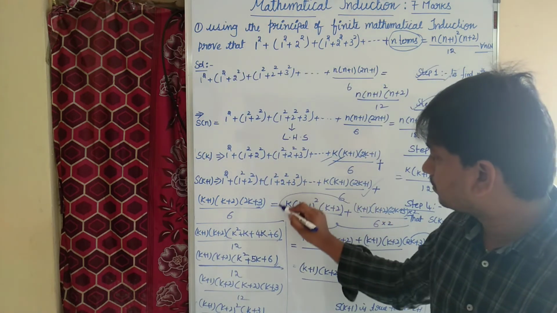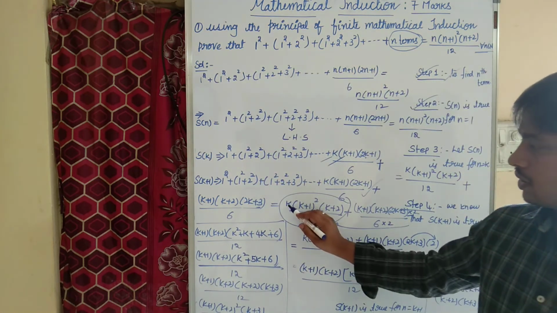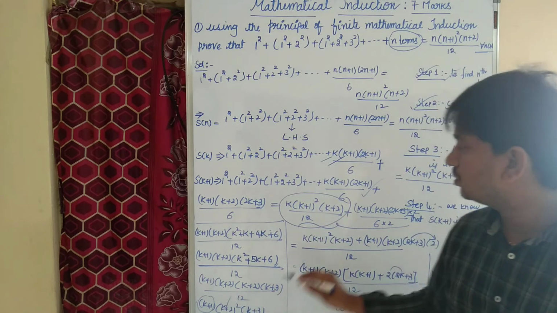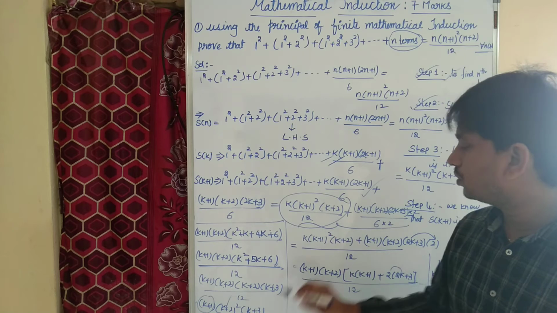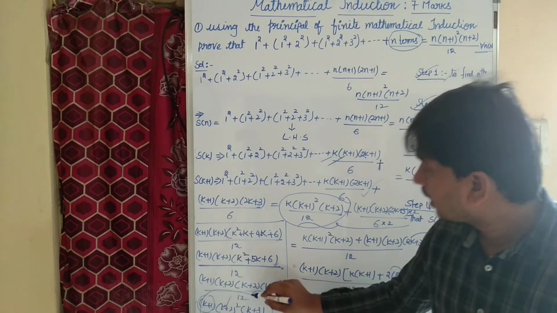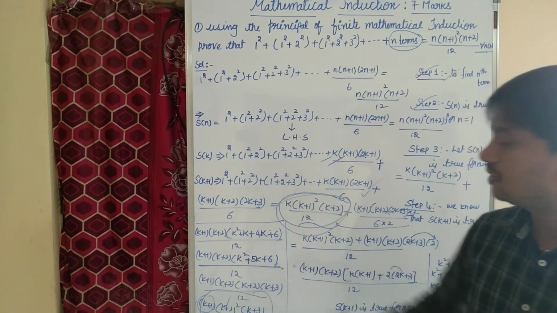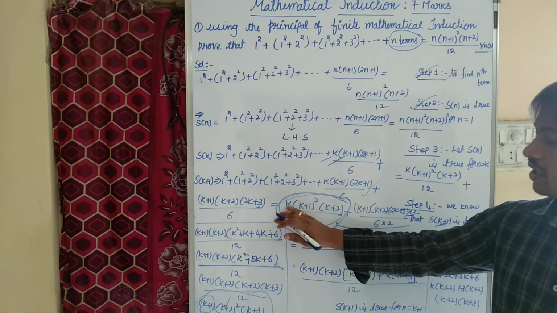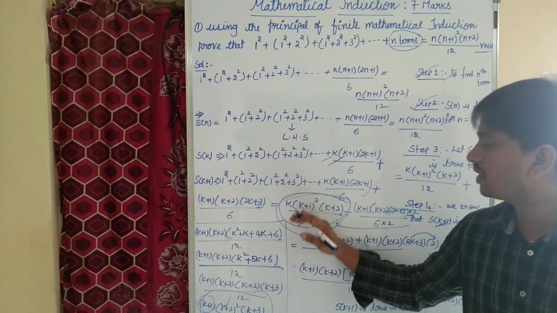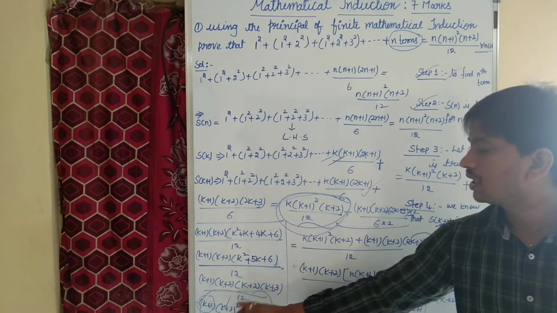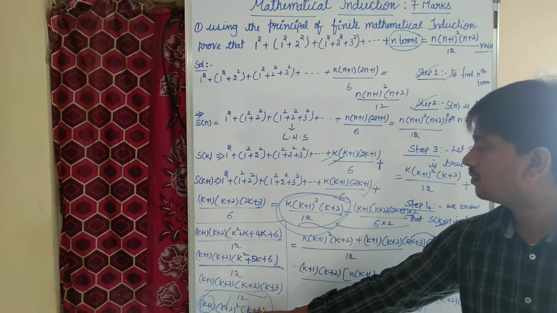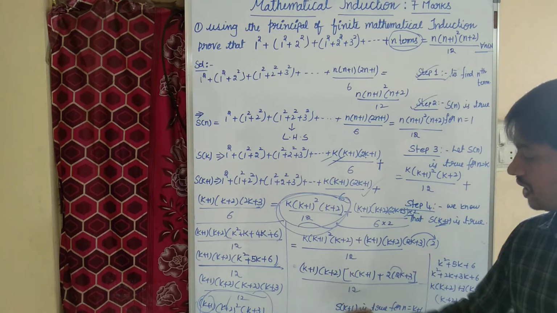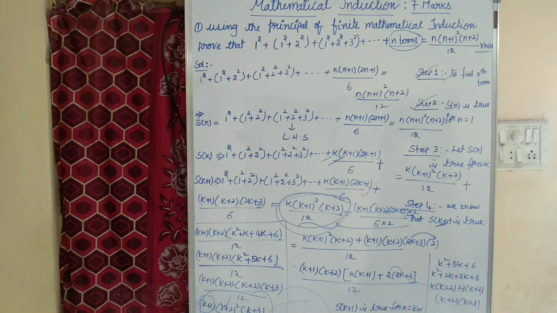This term you have to check. k means k plus 1, k plus 1 plus 1, k plus 2, k plus 1 plus 2, k plus 3. This term and this term must be equal, because we are checking for n equal to k plus 1. In place of k we are substituting k plus 1, and in place of k we substitute k plus 1 plus 1, k plus 2 whole square, and k plus 1 plus 2 you will get k plus 3, by 12. So this term and this term are equal. That is the reason I wrote LHS equal to RHS.